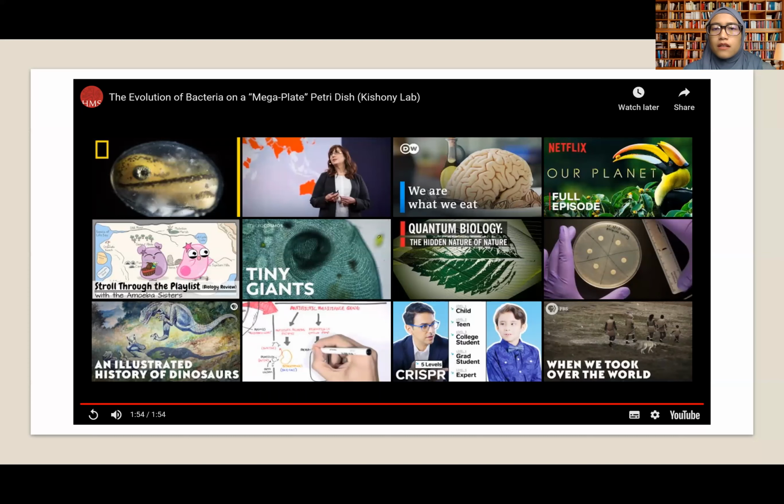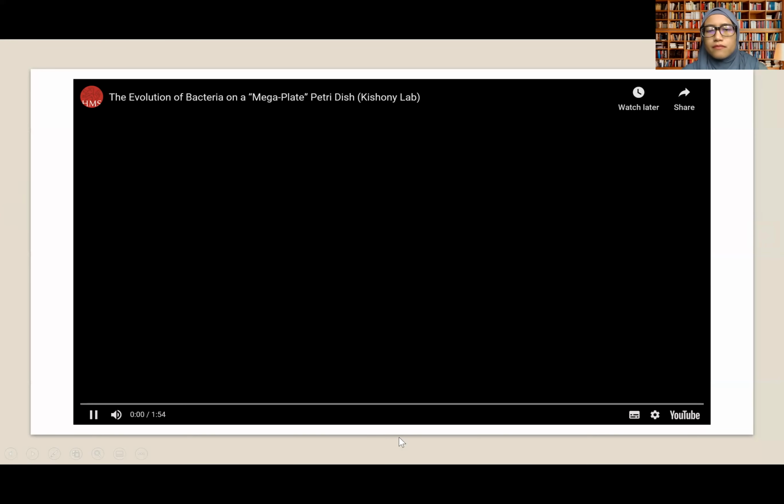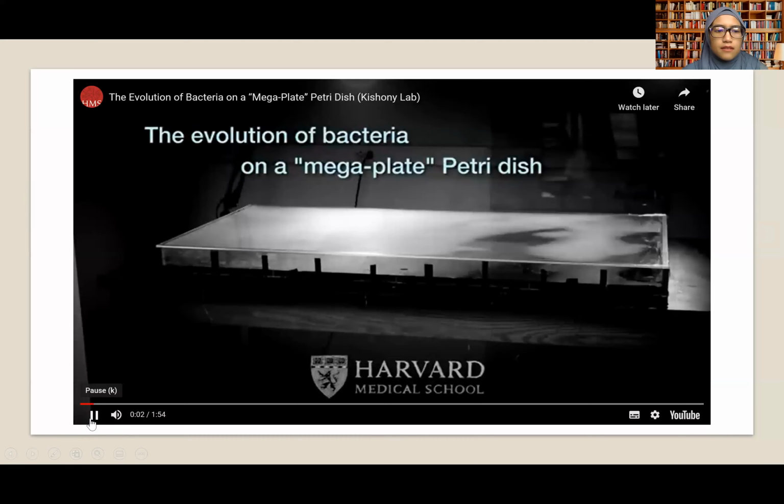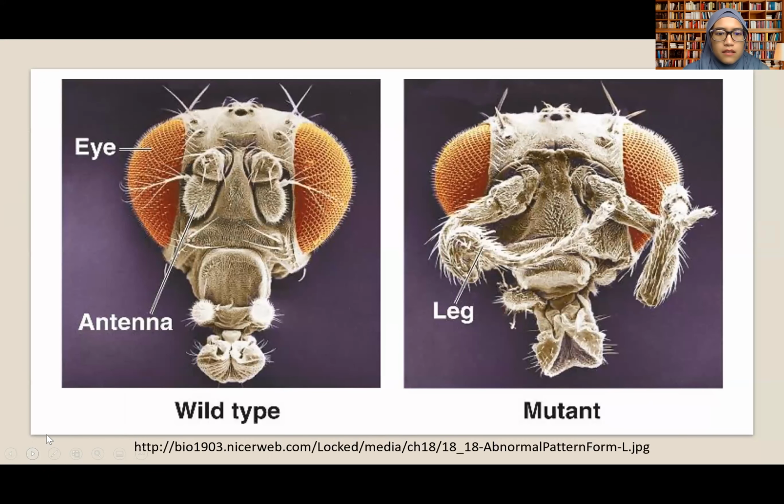Okay. So in the video, it mentioned several times about evolution. The bacteria evolve. The bacteria produce, not evolution, mutation.